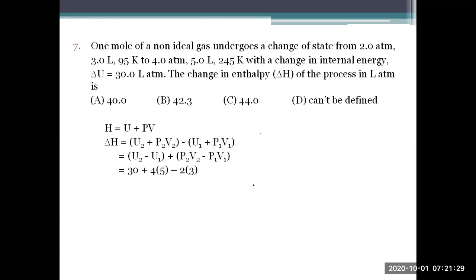Let's substitute the values. They have given delta U as 30, and for P2 V2, pressure 4, volume 5, and pressure 2 and volume 3. So 4 into 5, minus 2 into 3, so it becomes 44. Some of you have given the correct answer. So option C is correct.